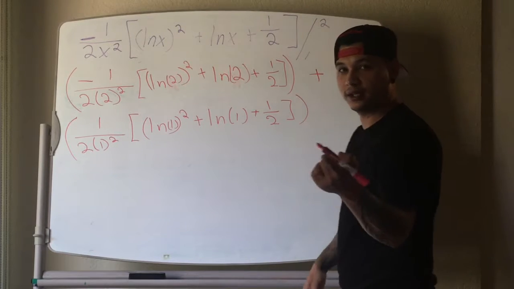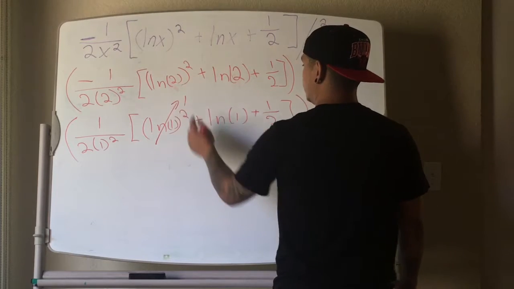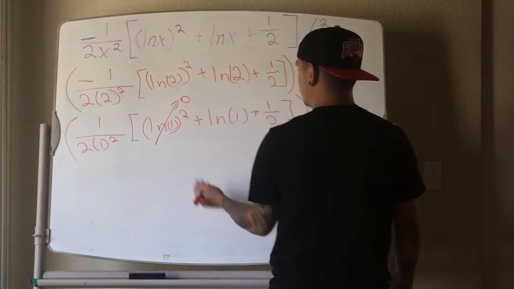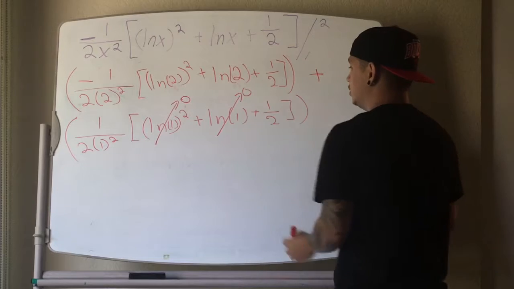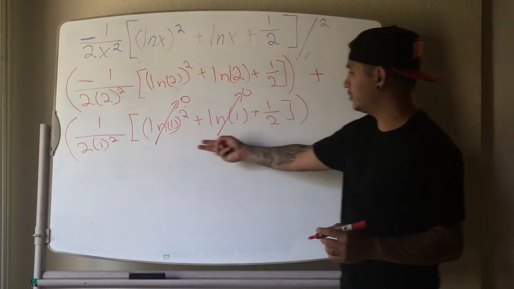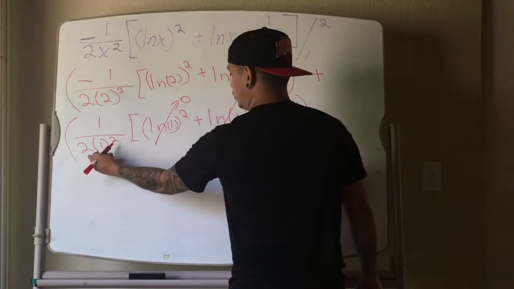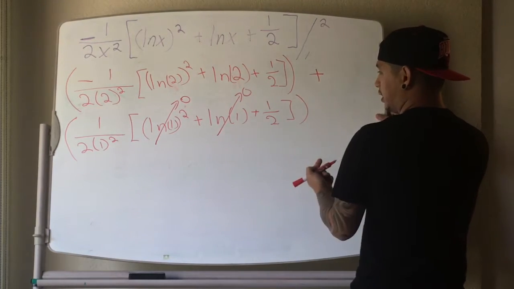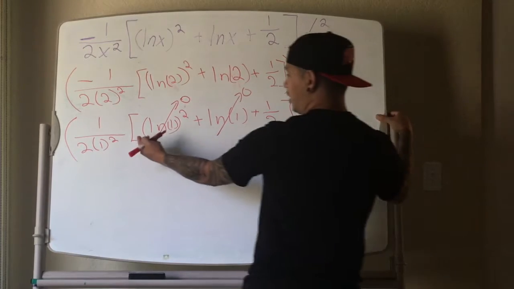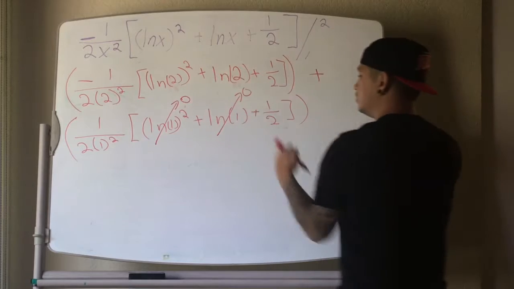Now we know what ln1 is. ln1 is 0. So that's not 1, it's 0. This is 0. So what's left in the second part? Whatever's left in the second part is 1/2 times 1/2. Remember, these brackets indicate this is multiplying by every single one.